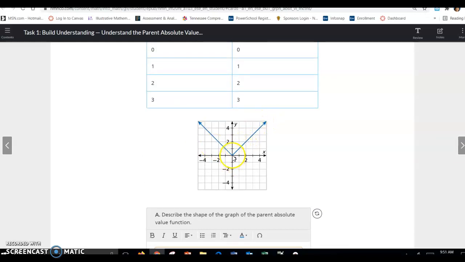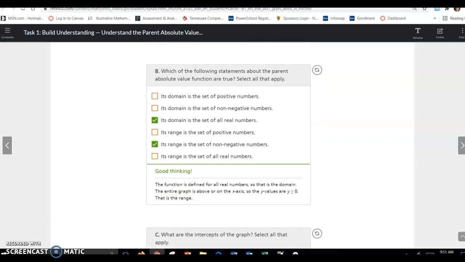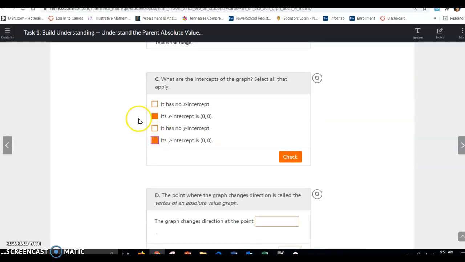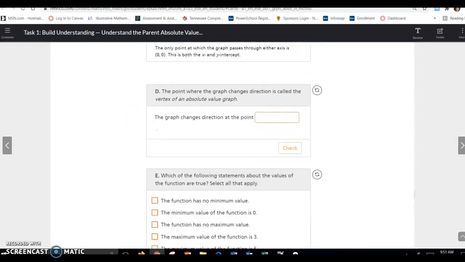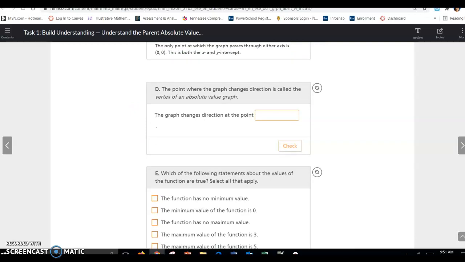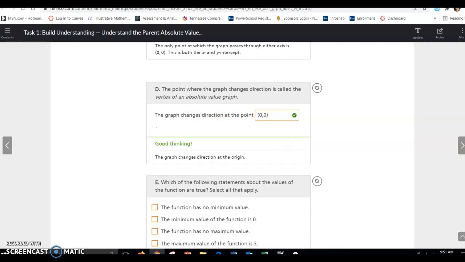So this intersects on the x-axis and the y-axis. So the correct answer is both the x and the y are at 0, 0. The point where the graph changes direction is called the vertex of the absolute value graph. The graph changes direction at the point 0, 0.